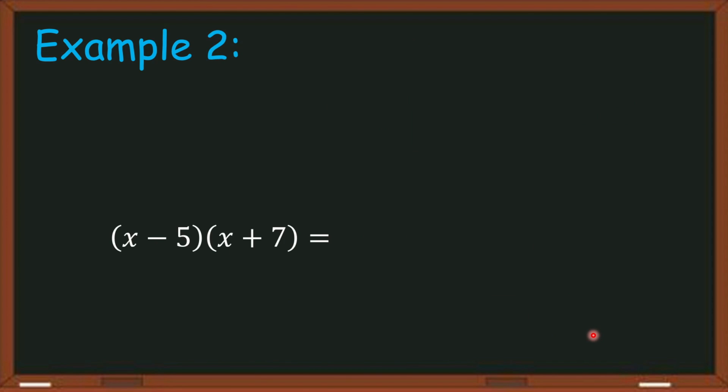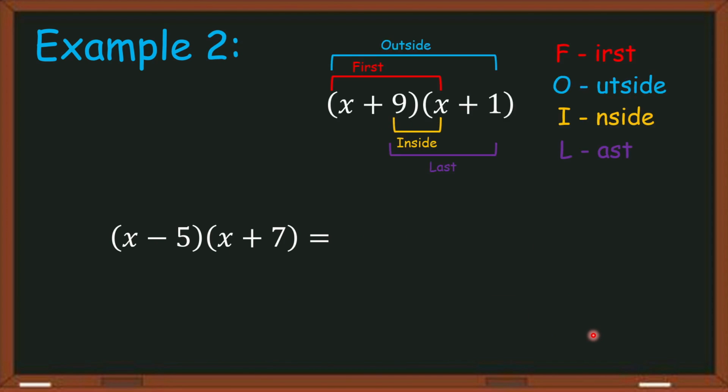Example number 2, again, sasagutan natin ito using the FOIL method. So, simulan natin dito sa x times x sa ating first. So, x times x is equal to x squared. So, lagay lang natin x squared. And then, multiply naman natin itong x times positive 7. So, the answer is positive 7x. So, lagay lang natin dito, positive 7x.